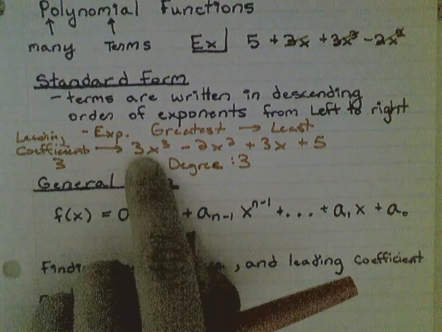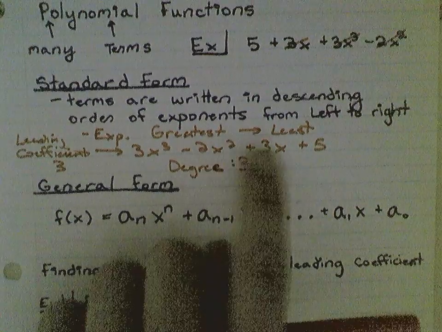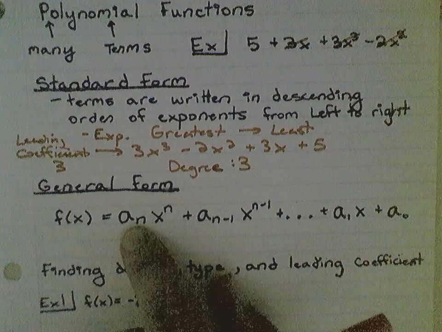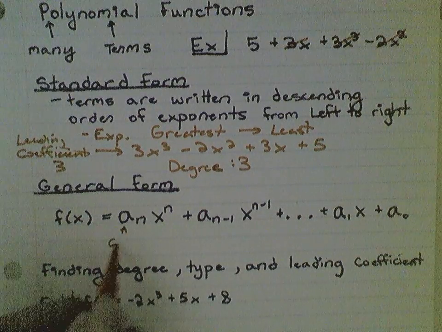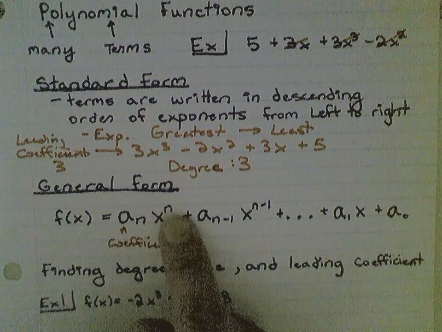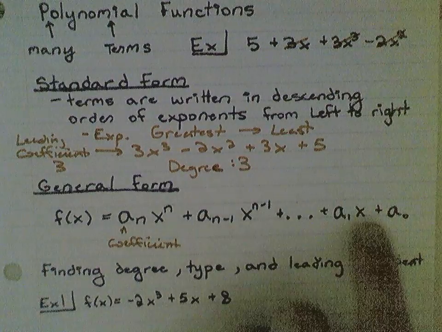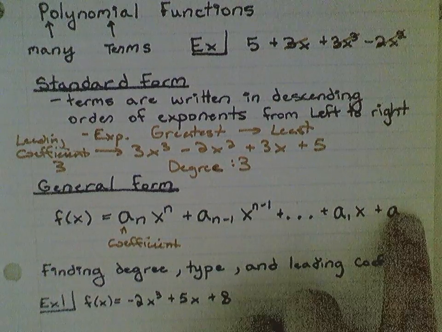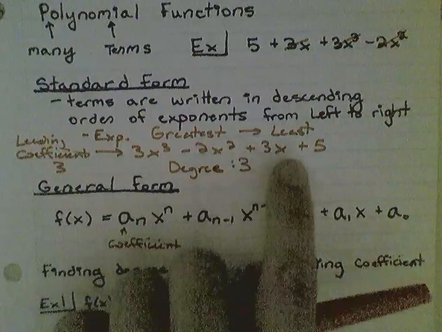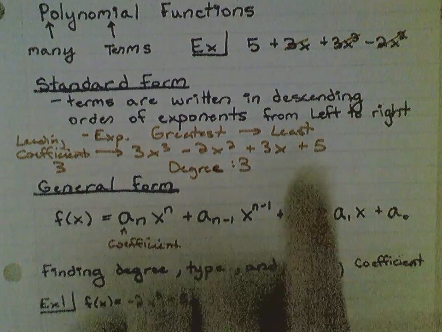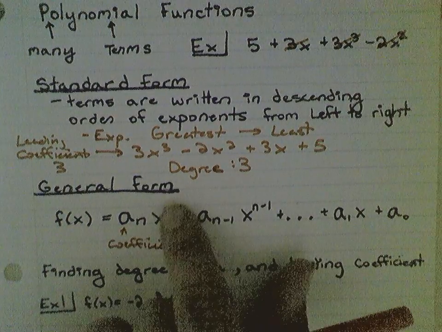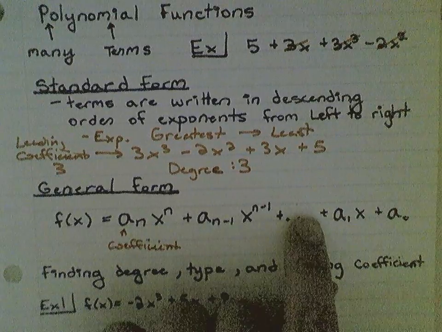That's like your 3 here, your negative 2, your 3 there, and your plus 5. We just denote it with a to the n, but each of those is just representing a coefficient. And likewise your n minus 1, your x value, and then no x's. That's the same thing as what you're seeing here, where you have x to the third, x squared, x, and then no x's. So don't get confused or bottled up with this notation. General form just means it's in this orderly fashion.